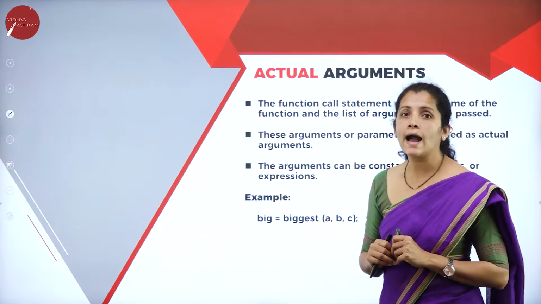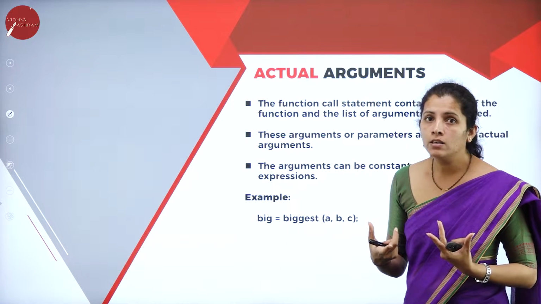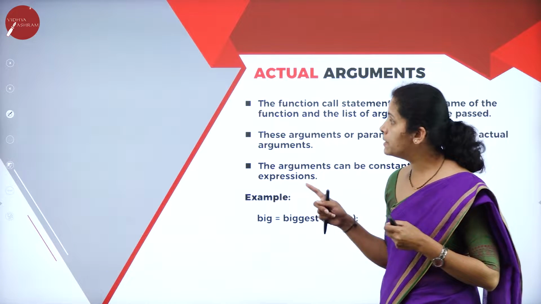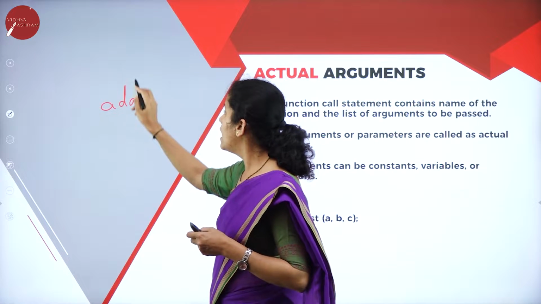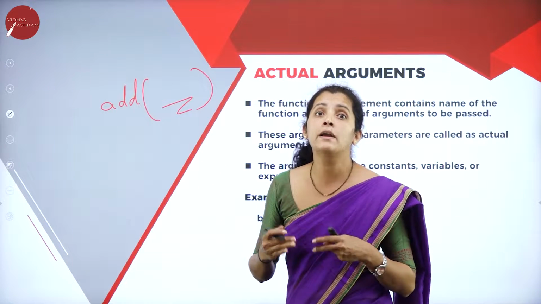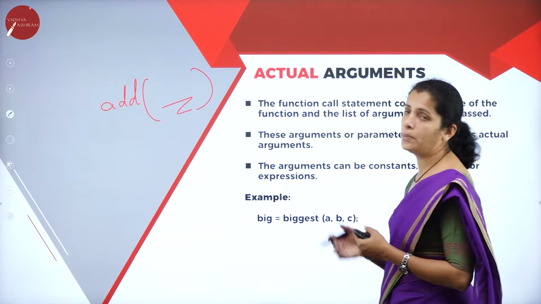The first one is the actual argument. So what is an actual argument and where is it used? Dear students, remember here that when I call the function, whatever argument I pass during my function call is called an actual argument.